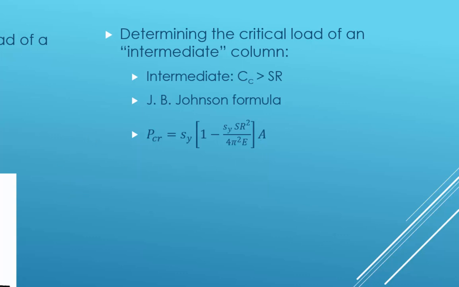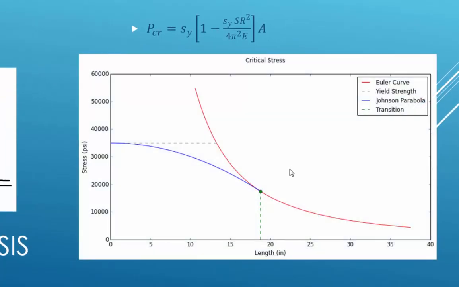So what does that look like on a graph? Now this puts the Euler curve in the same graph. So if we take that Euler curve, we see it going up infinite with a relatively small length, which doesn't make sense. But we have the Johnson formula that starts here, goes to here, and meets that Euler curve right about here.